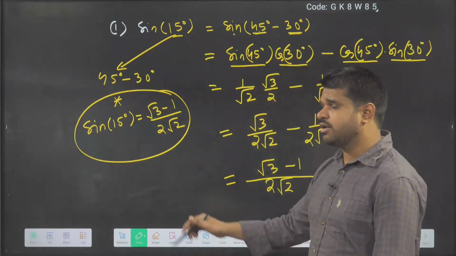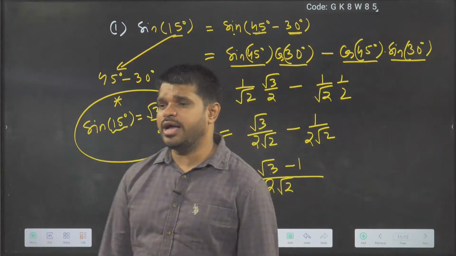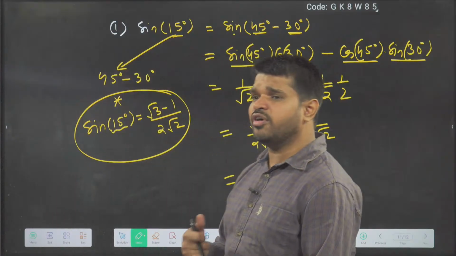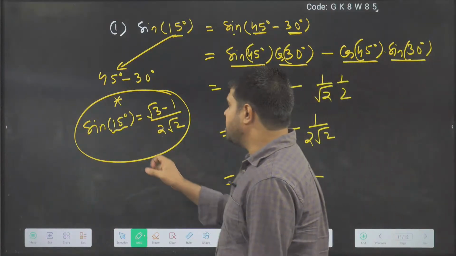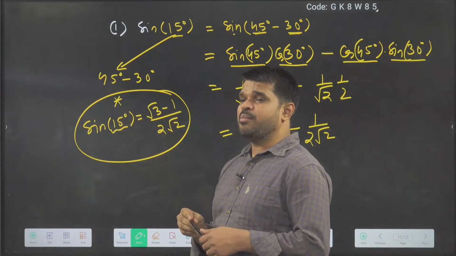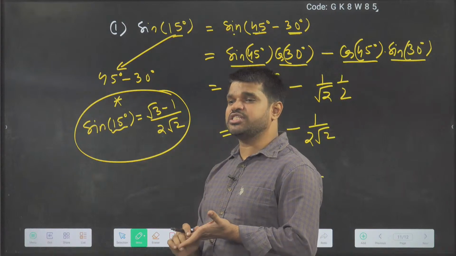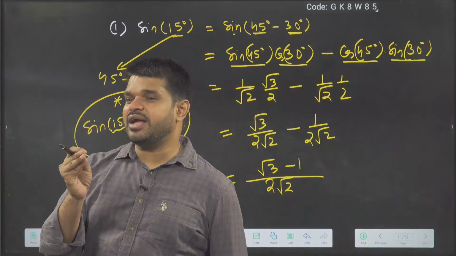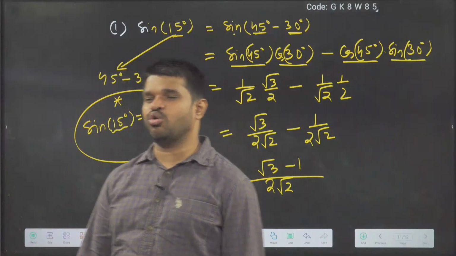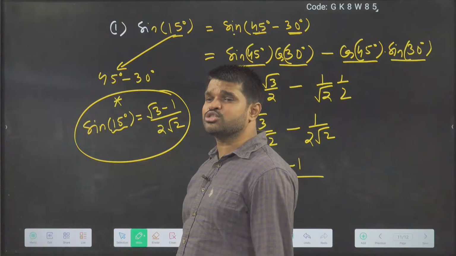Just answer. 75. Yes, 15 and 75 are complementary angles, and sine and cos are complementary ratios. So sine 15 degree is the same as cos 75.